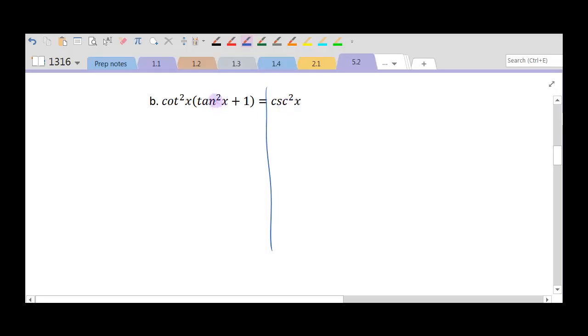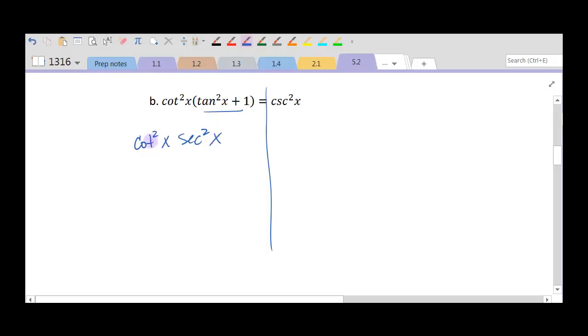Before I just jump into distributing this, anytime I see tan squared x plus 1, a combination like that, I think about Pythagorean identities: a squared trig function plus 1. I can rewrite tan squared x plus 1 as secant squared x. That just simplified it a whole lot for me.